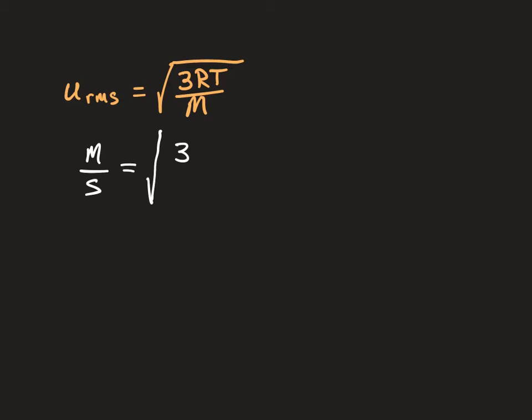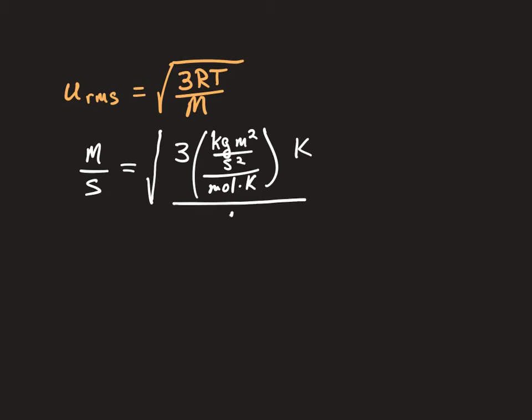R is in units of, the joules is kilograms meters squared per second squared, but that's joules per mole Kelvin. So all of those are the units of R. T is in units of Kelvin, and we still haven't decided what our units of the molar mass have to be. So let me extend my radical sign to include everything here.